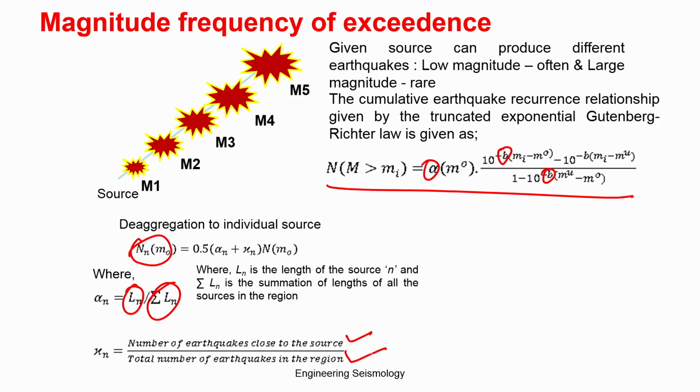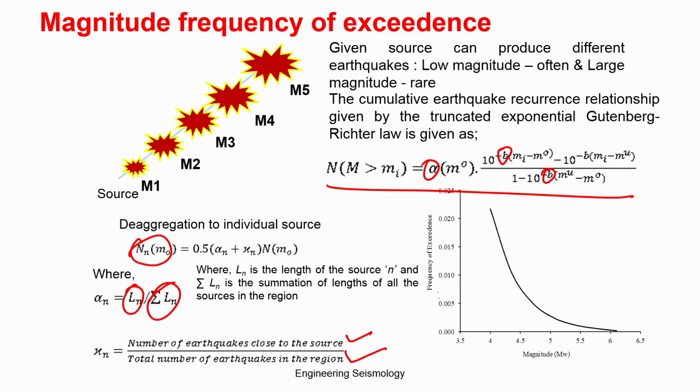This de-aggregation will help you narrow down your recurrence model from the regional or entire seismic study area to a particular source. That is very important, as it will help you get the magnitude uncertainty in the particular place.